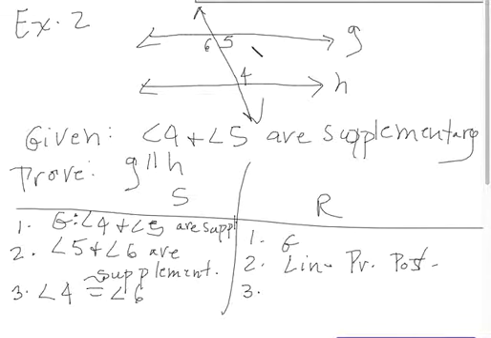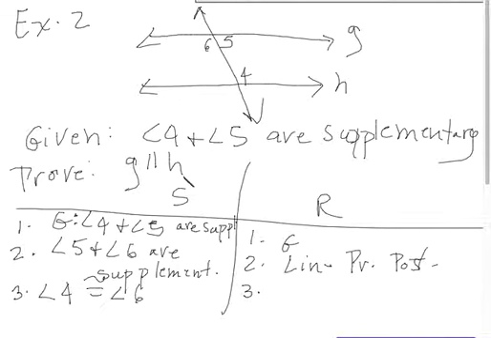So think about it. If angle 1 is 30 and angle 2 is 150, they're supplementary. Then if angle 2 and 3 are supplementary, angle 3 has to be 30 degrees. So angle 1 and 3 are congruent.